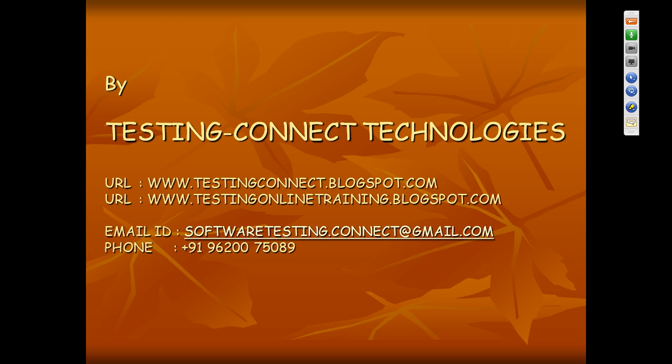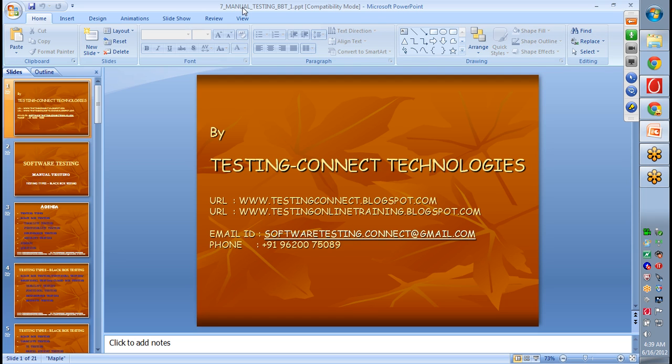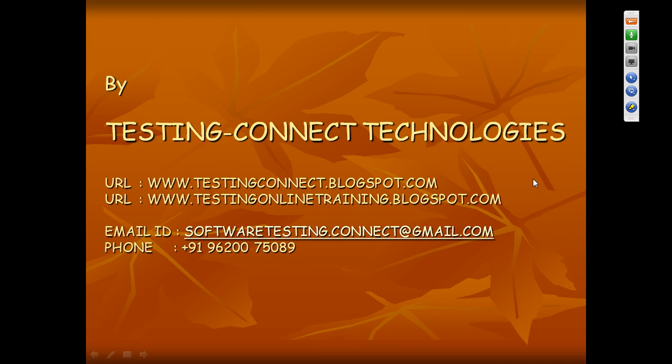Under black box testing, you will come across four different types of testing: usability testing, functionality testing, performance testing, and security testing. Yesterday we were discussing usability testing and functionality testing. We were in the middle, so we'll try to finish functionality testing, then we can go further.